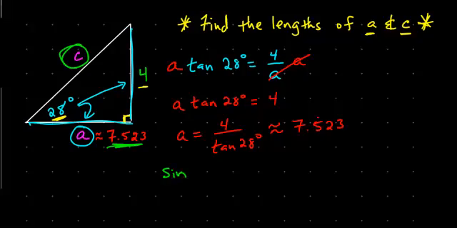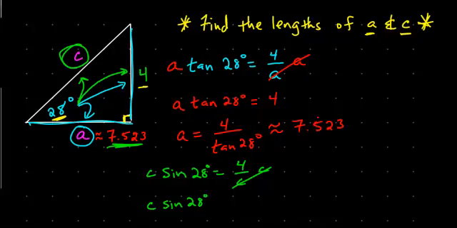The sine of 28 degrees equals the opposite over the hypotenuse, so 4 over C. Now we can multiply both sides by C to get C times the sine of 28 degrees. Make sure we put degrees in there when you're using degrees, because if you don't see anything, that means we're using radians. Equals 4.